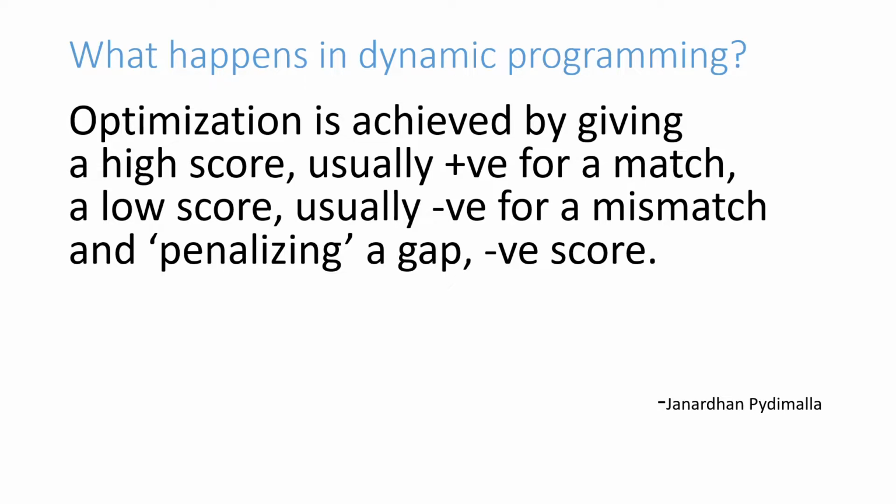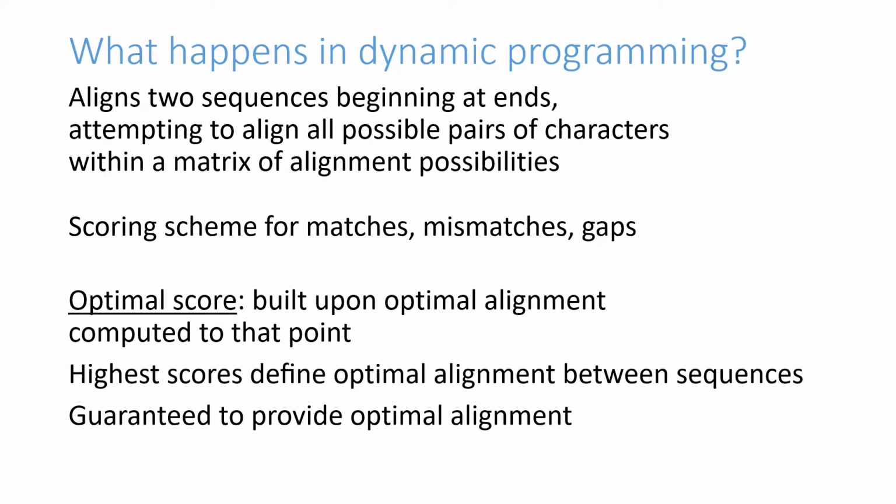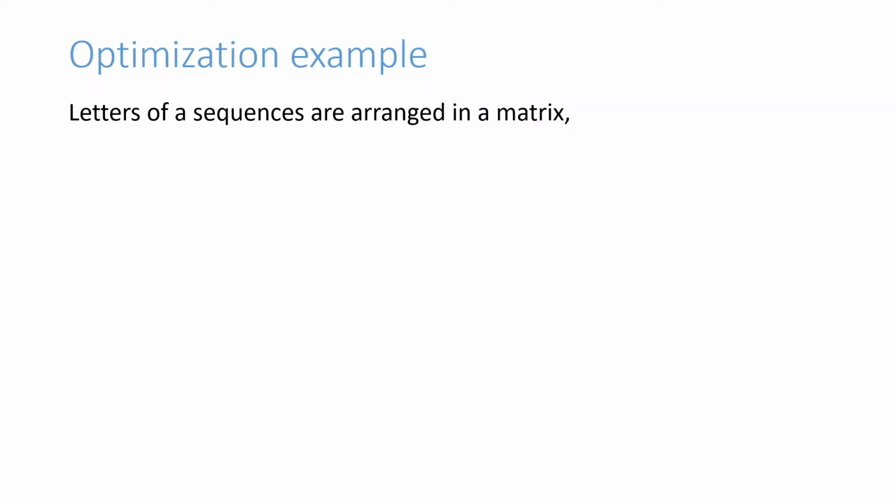Optimization is achieved by giving a high, positive score for a match, a low or negative score for a mismatch, and penalizing a gap with a negative score. So let us take an example. The pair of sequences are arranged in a matrix.